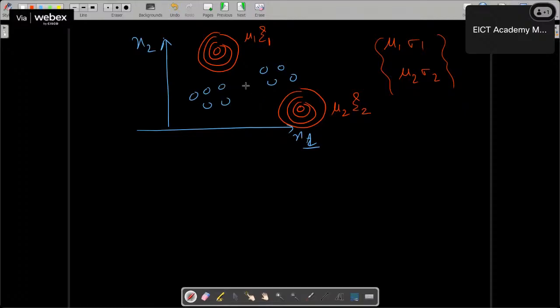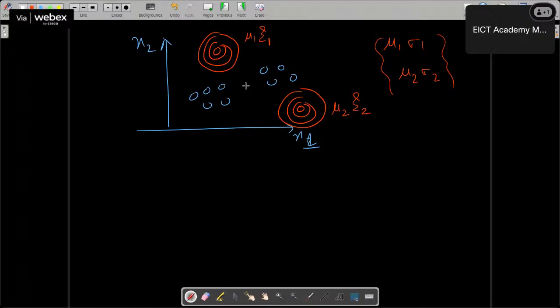In K-means, it is the same question that we ask in terms of the distance of a data point to the centroid C1 and to the centroid C2, and whichever is less, the data point belongs to the closest centroid. Okay.